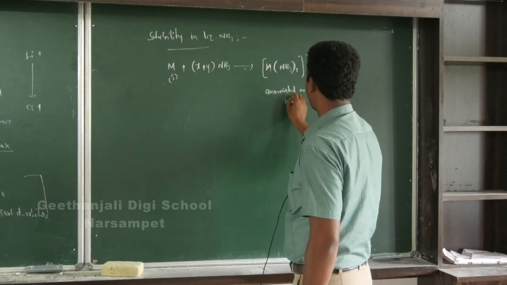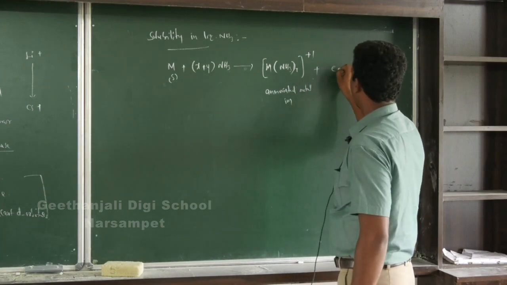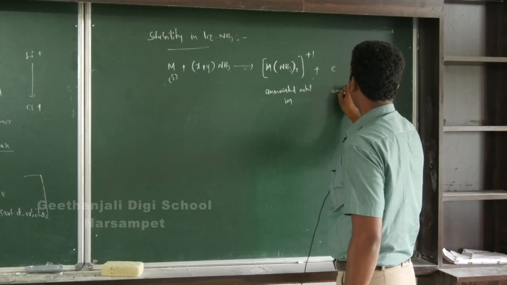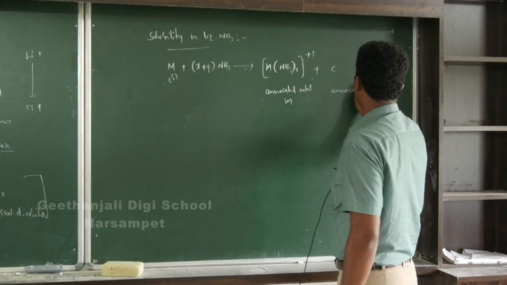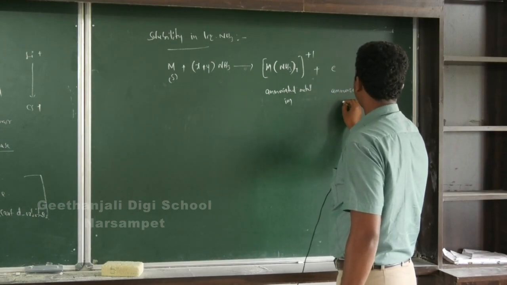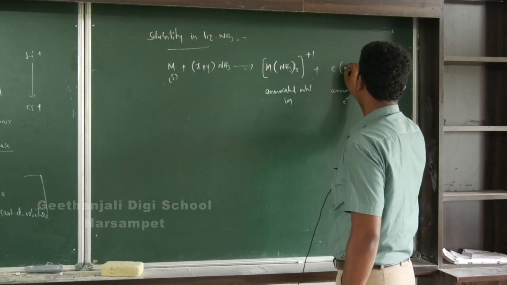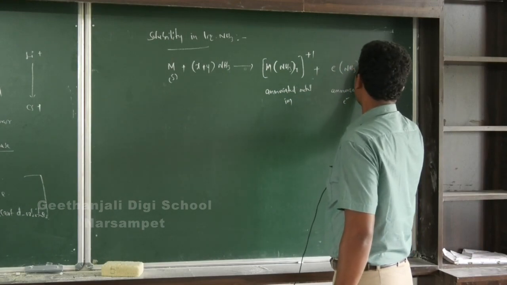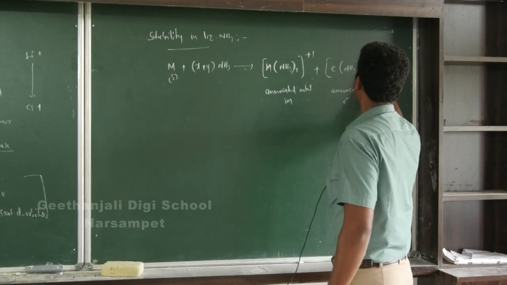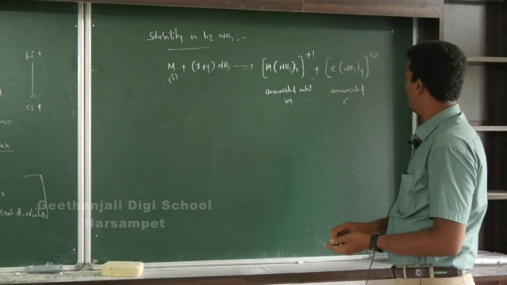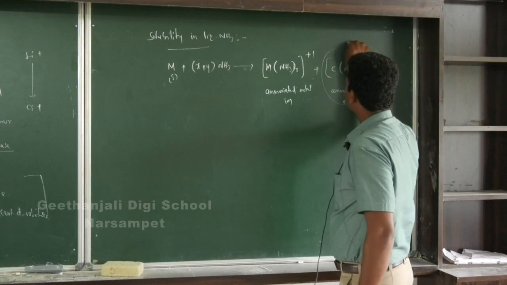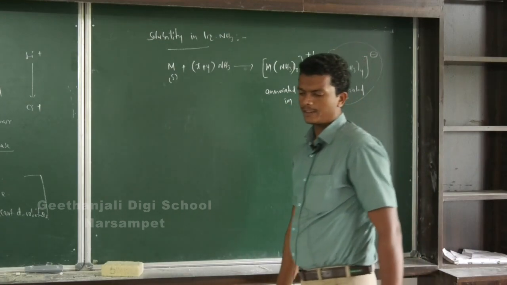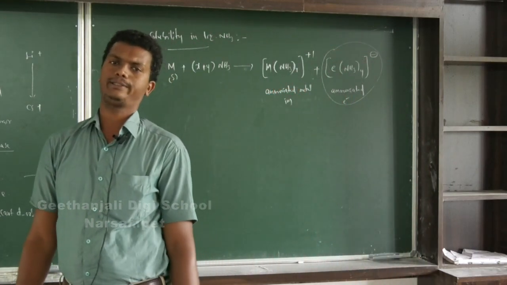The ammoniated electron is formed with y moles of ammonia, e(NH3)y with a negative charge. Due to the liberation of this free electron in the solution, the solution shows a blue color.